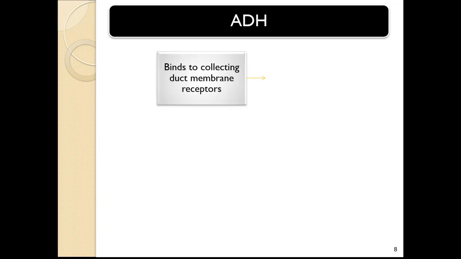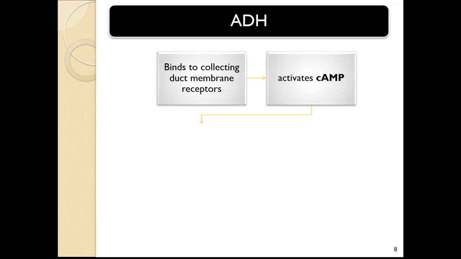How does antidiuretic hormone actually work down at the collecting duct? Here's what it does. Antidiuretic hormone binds to the collecting duct membrane receptor. So there are some receptors for antidiuretic hormone, on the cells lining the collecting duct, coming into contact with the filtrate. This activates the cAMP pathway.